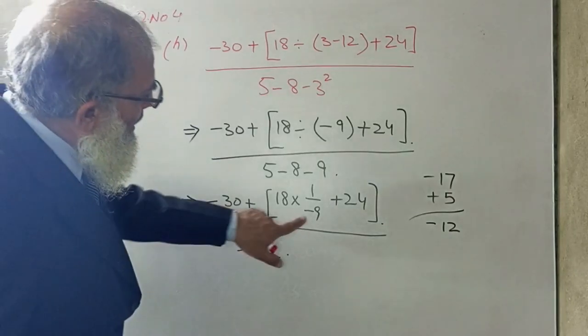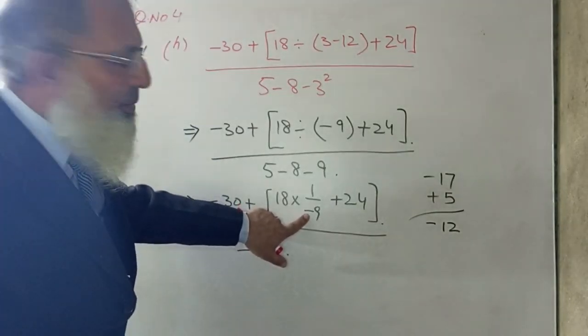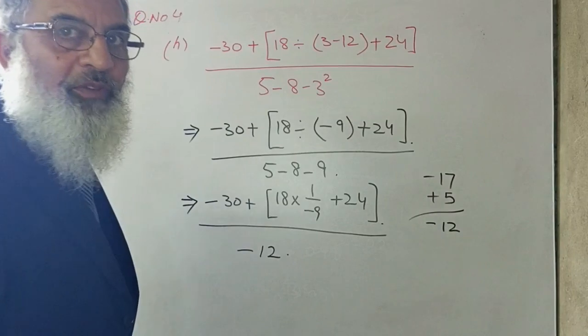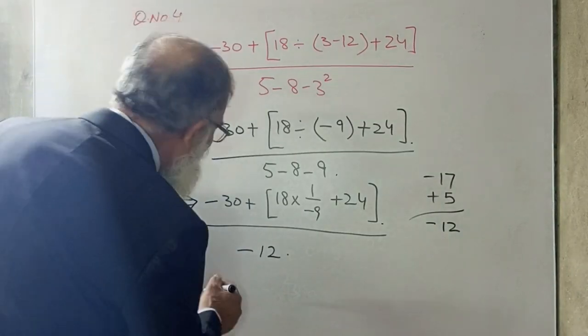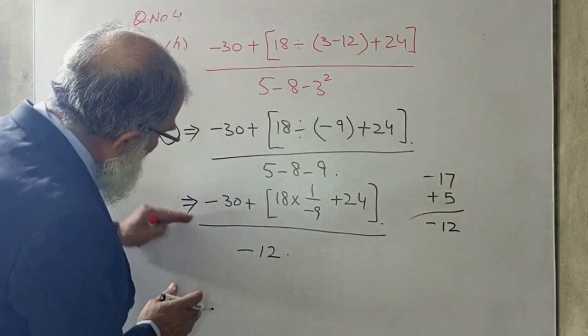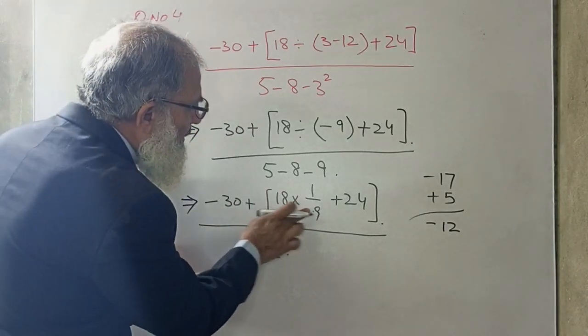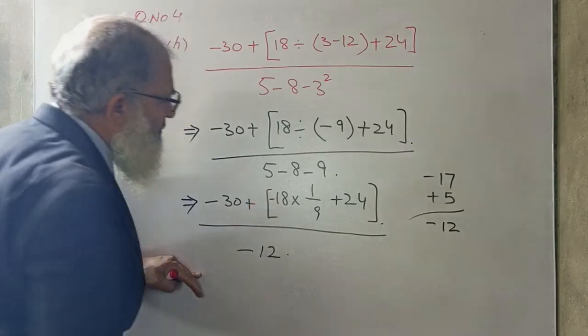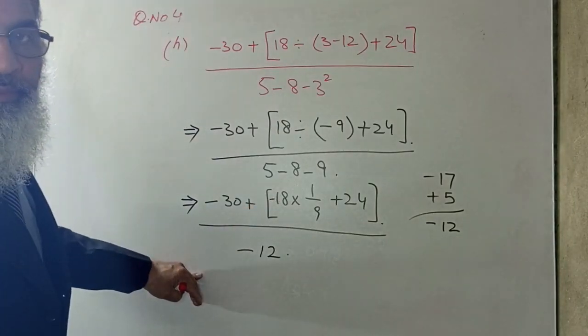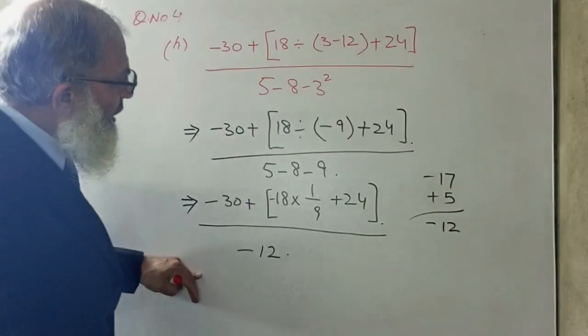Now, minus in the denominator does not seem to be very good. So what we do? We just simply write another step the same and put this minus over here. Okay.